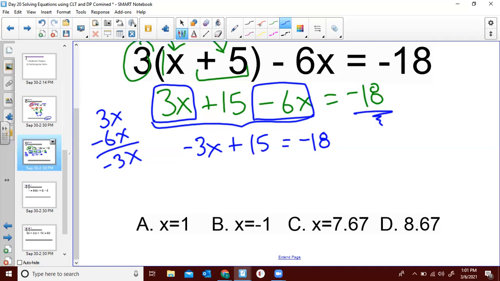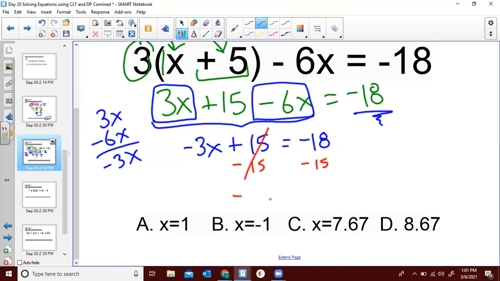This looks like it might be a little tricky. Let's see, negative 3x plus 15. We need this negative 3x to stay on the left, so we're going to subtract 15 from both sides. These will cancel.